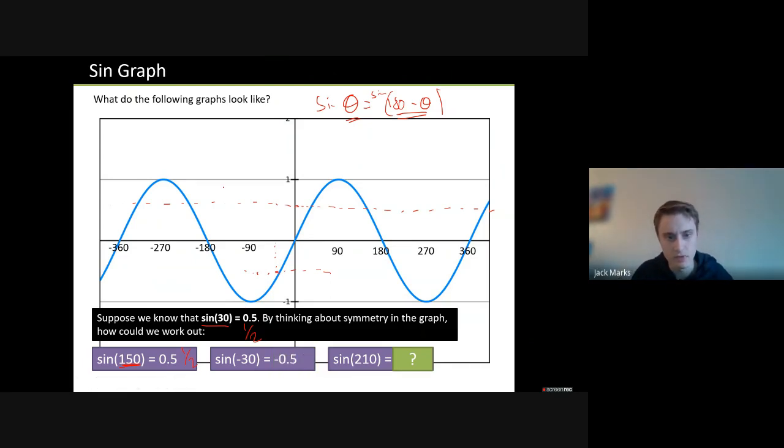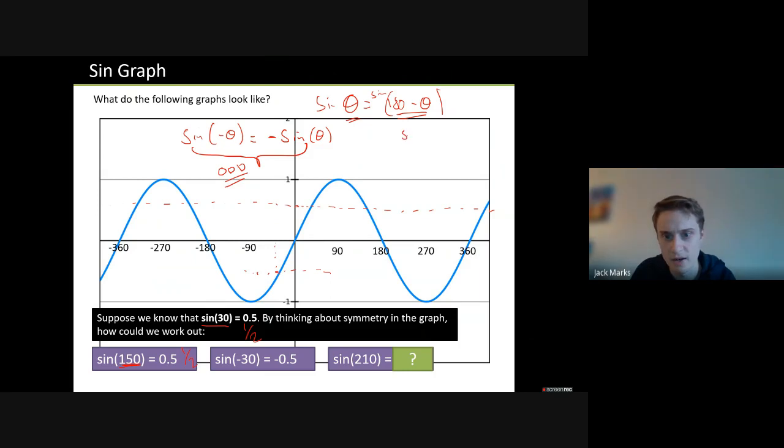So it means there's a shortcut that if you want to know what sine is of a negative angle, say -30, you can just say it's the same as sine of 30, and then make that a minus. This is because sine is an odd function. If you have this situation, this is called an odd function.